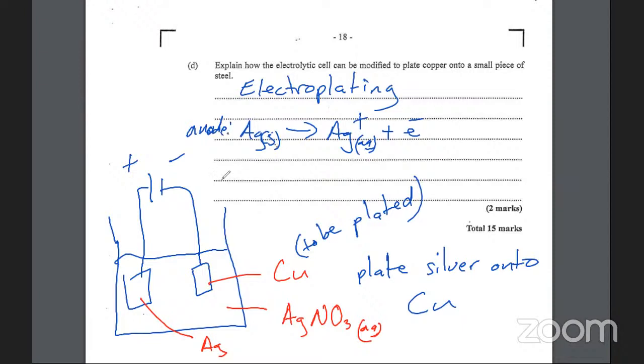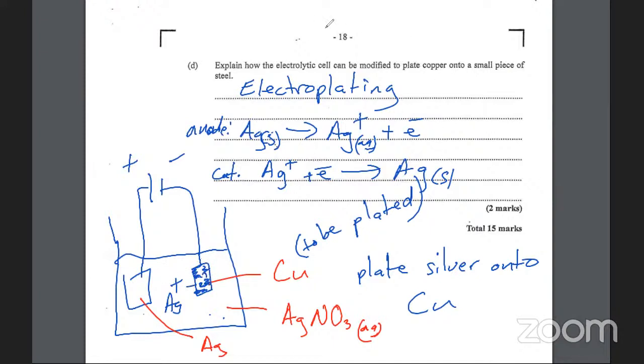Then at the cathode, the silver ions in solution migrate to the cathode, and they will be reduced to silver atoms. They are not going to be in solution. They are going to stick to the surface of copper, and that is how it will cover the surface of copper.